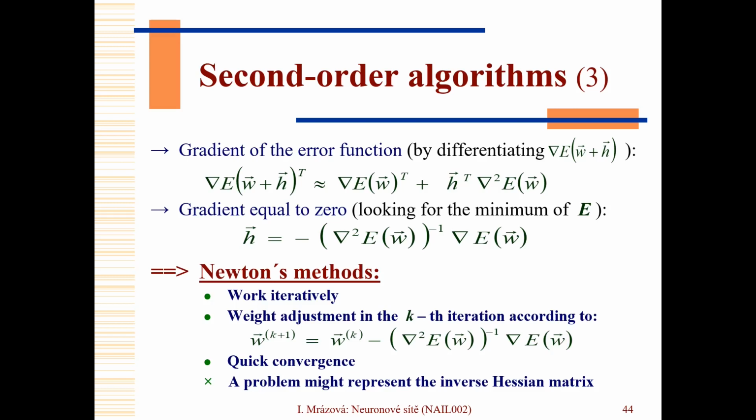So what we get will be the gradient for the function capital E at the point w plus h transposed, that could be expressed as the values for the gradient of capital E at the point w transposed plus the term h transposed times the Hessian matrix at the point w.